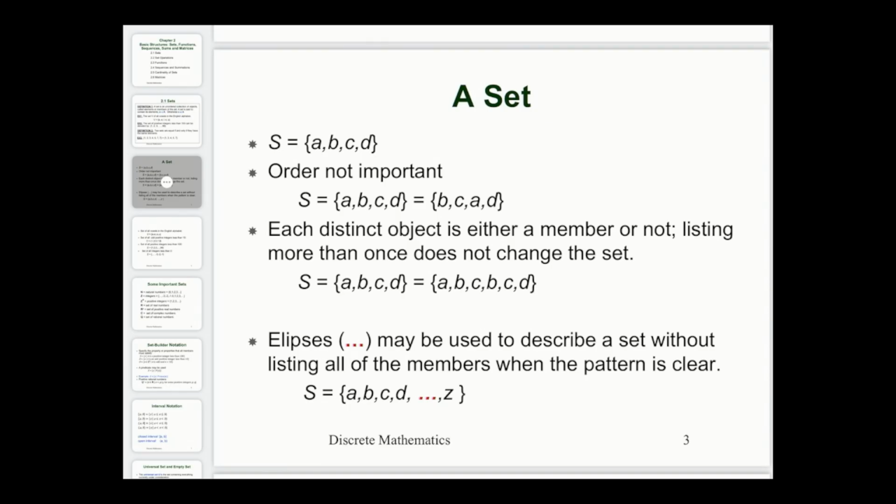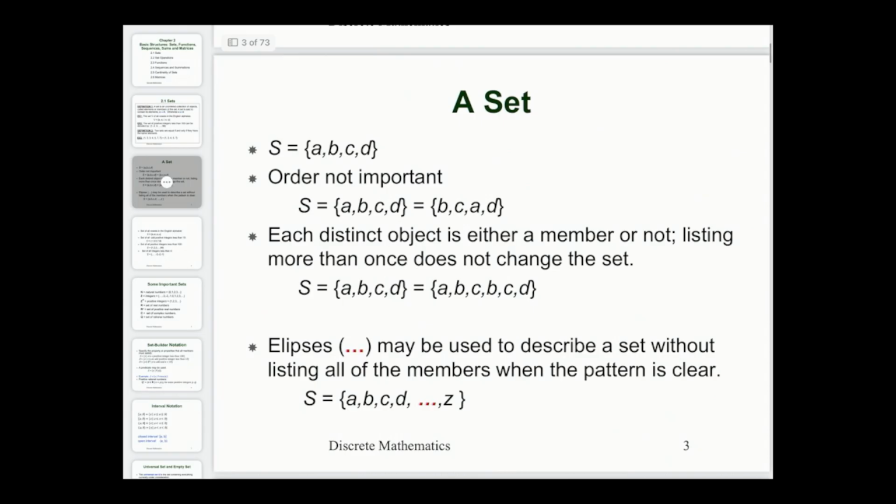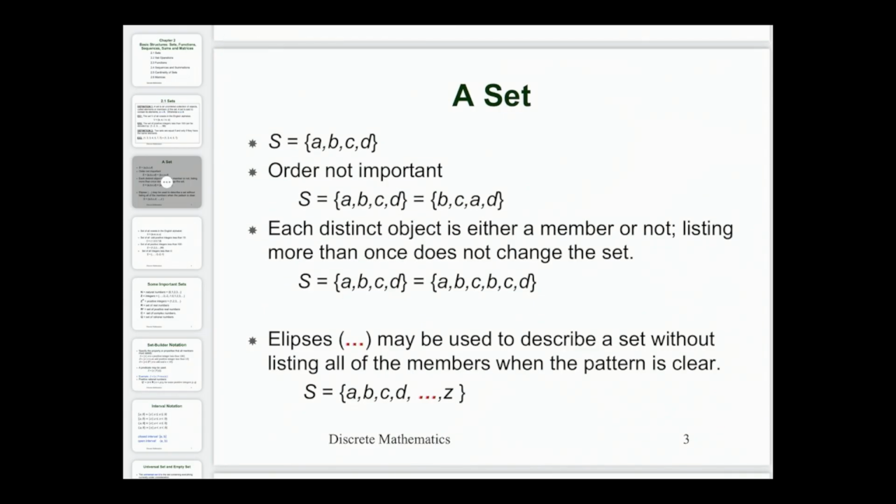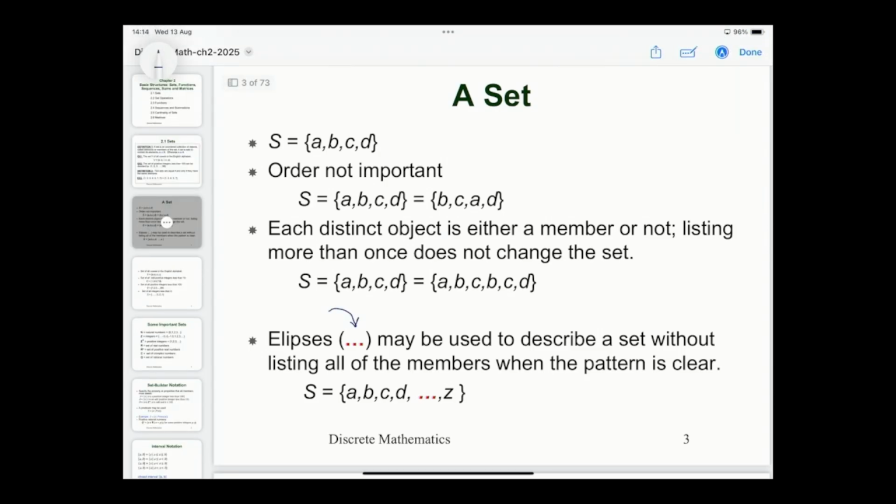When we have a lot of members in the set, we can use this symbol, the ellipsis, to represent the remaining members in the set, like here, the set of the English alphabet, A, B, C, D, E, up to Z here.